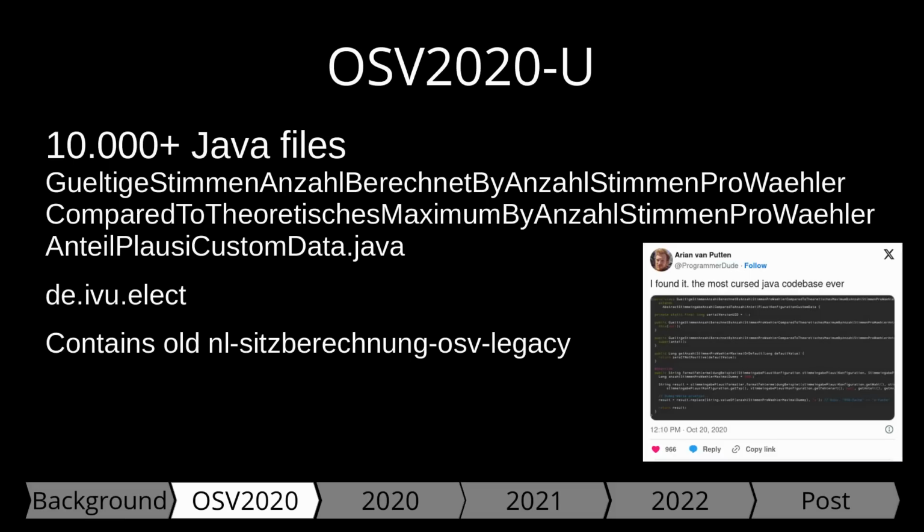This is the longest file name there is in there. It's pretty long. I will not express my own opinion about this source code or factory worker context patterns, but there's a guy called Programmer Dude, Arjan van der Putten, and I found it the most cursed Java codebase ever.